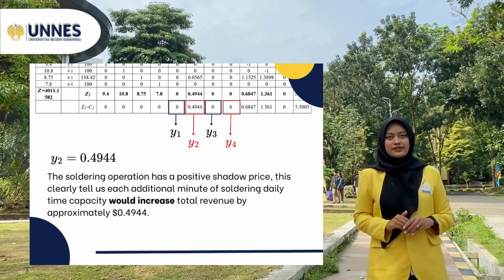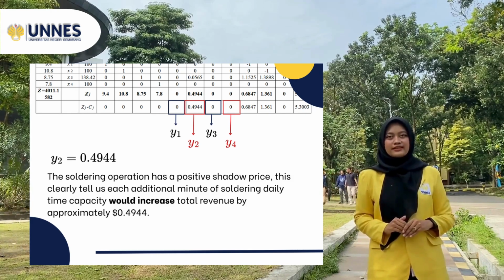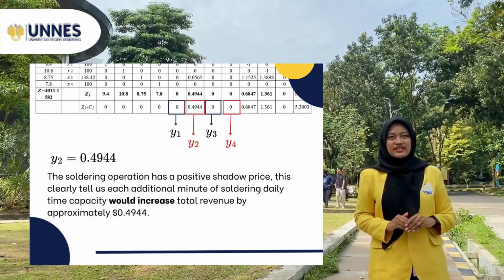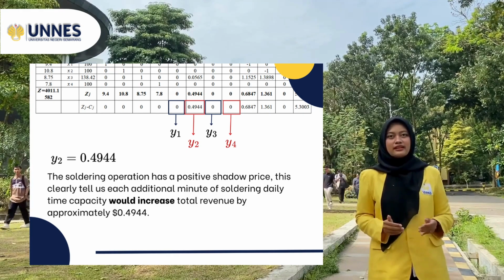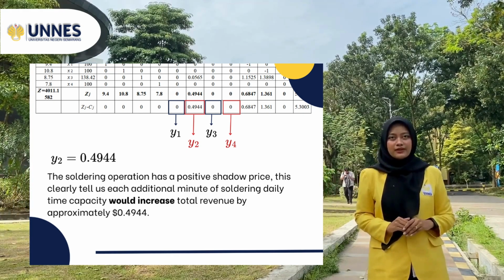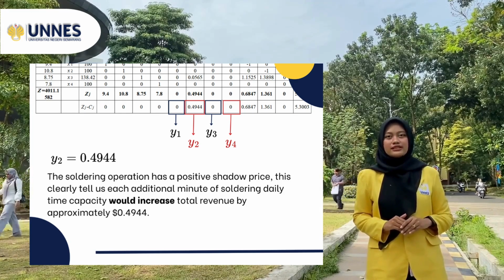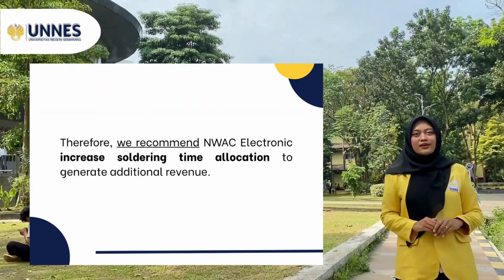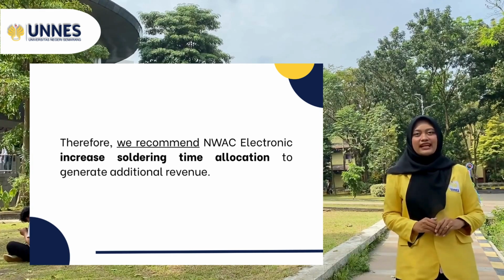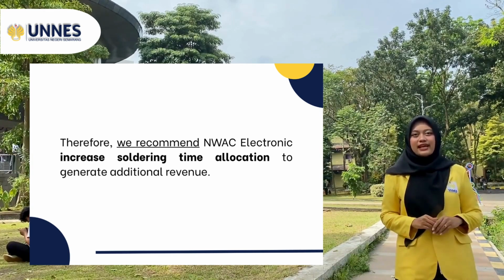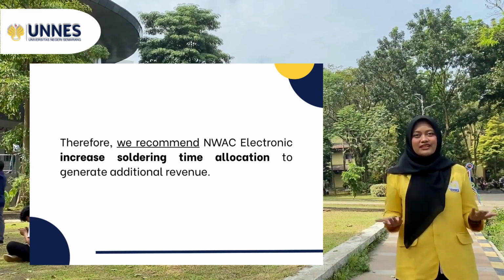The soldering operation Y2 has a positive shadow price. This clearly tells us each additional minute of soldering daily time capacity will increase total revenue by approximately 0.4944. Therefore, we recommend NWAC Electronics increase soldering time allocation to generate additional revenue.